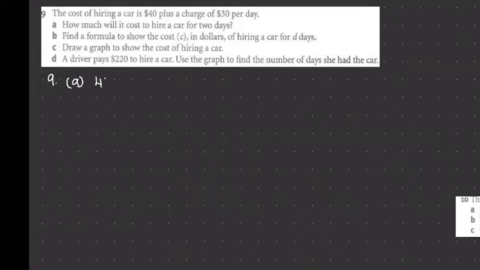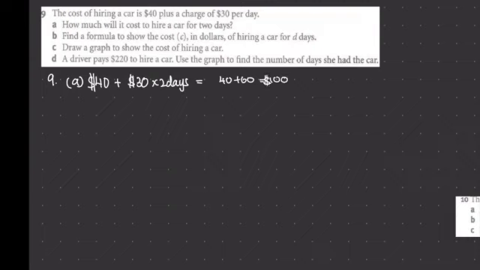So it's always 40 plus $30 times 2, because 2 days. So you can already see a formula here, whereby it's 40 plus 60 is equals to 100.